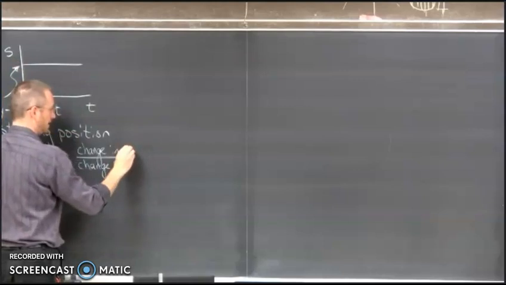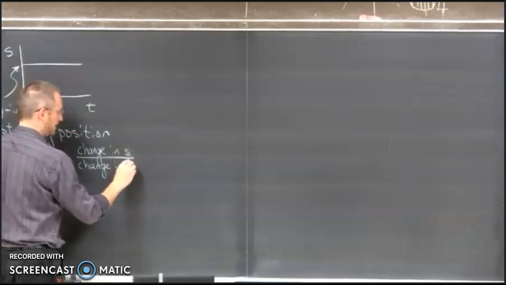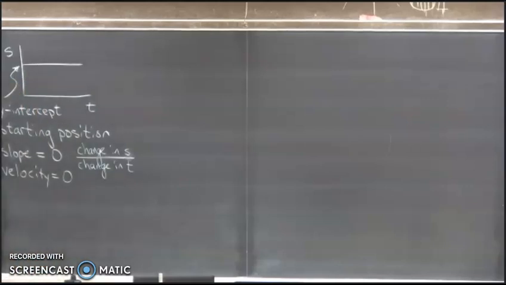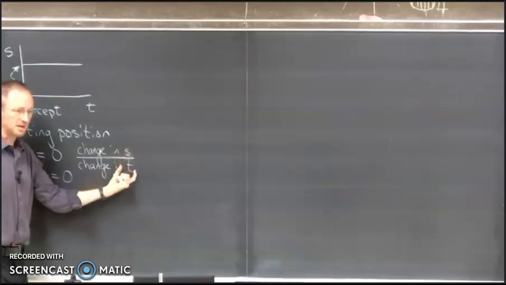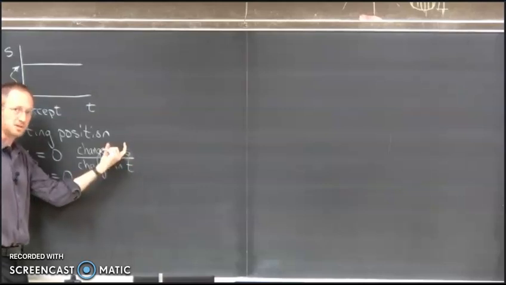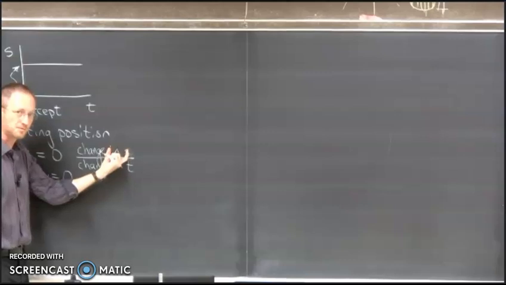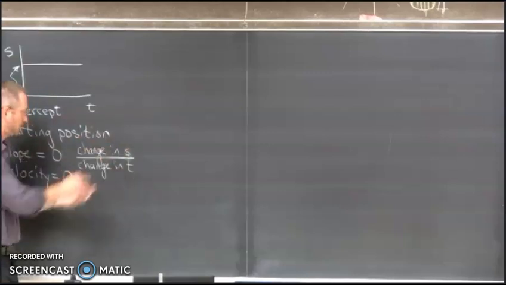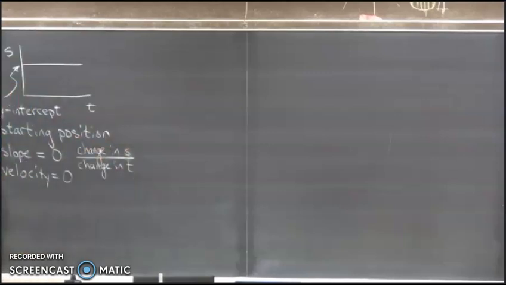So change in s over change in t. That's slope. In math class, it's y and x. Here right now with this graph, it's s and t. And remember, velocity is a change in position divided by a change in time. And when you have no change in position, the top number is 0, and the top number of your fraction being 0 means the whole value of the fraction is 0. So our velocity is 0.